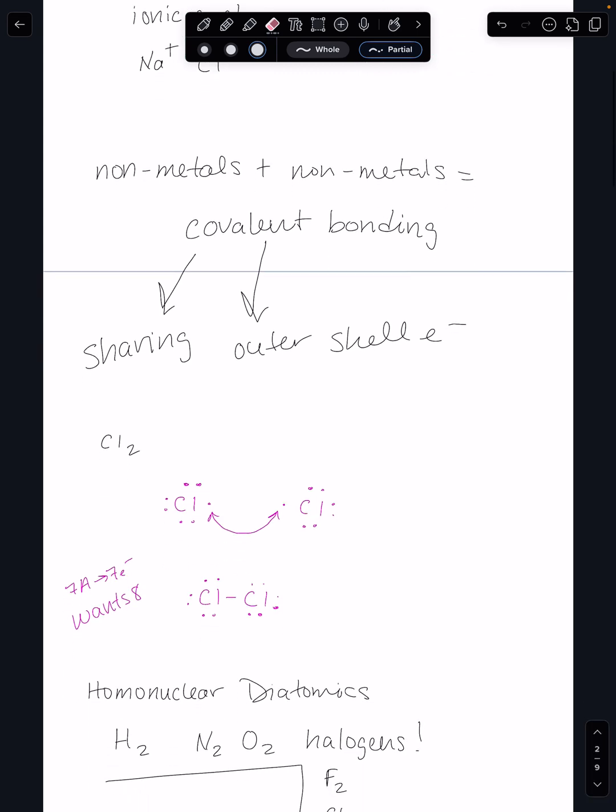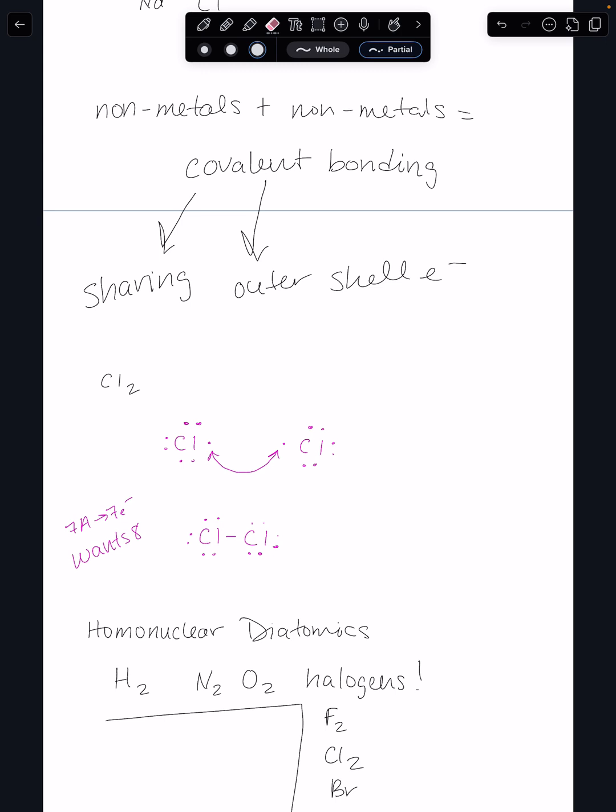The first thing that we're going to look at is chlorine. And chlorine exists naturally as Cl2. Let's look at the electrons and how chlorine shares its electrons. So I have here in pink a picture of chlorine with its 7 electrons around each one. 7 because it's in group 7A, the halogens, but it wants 8.